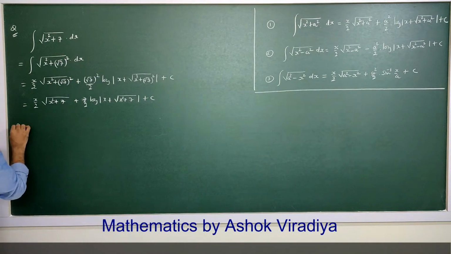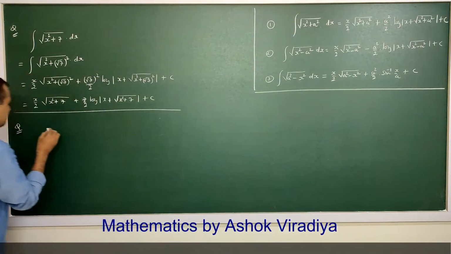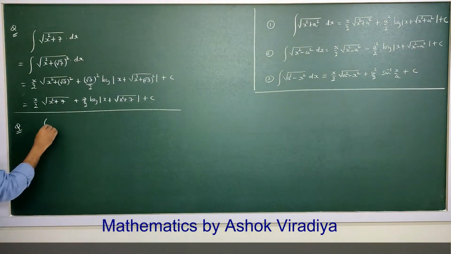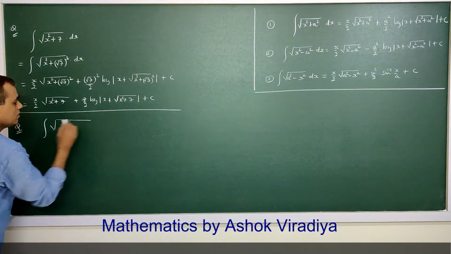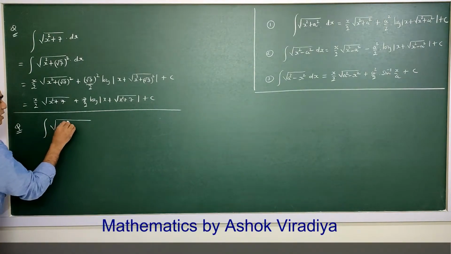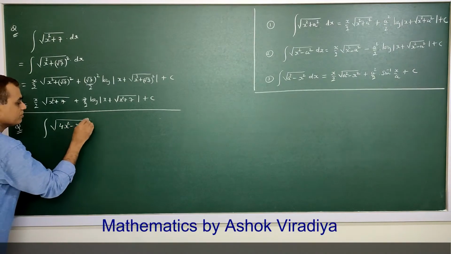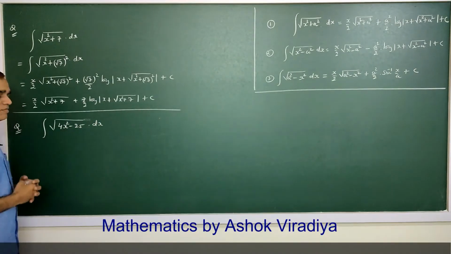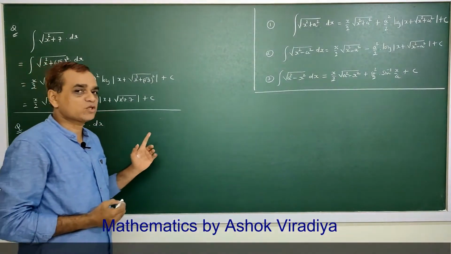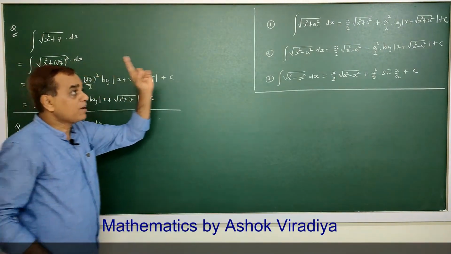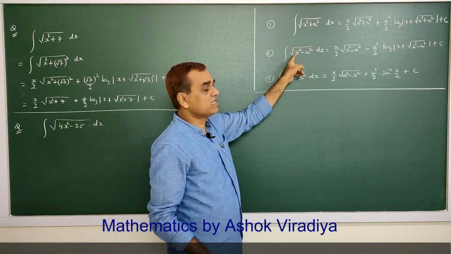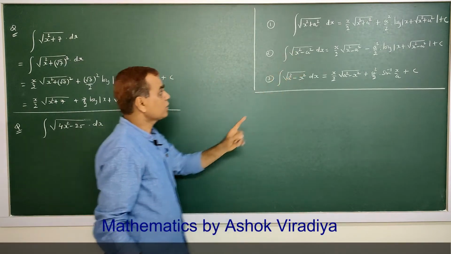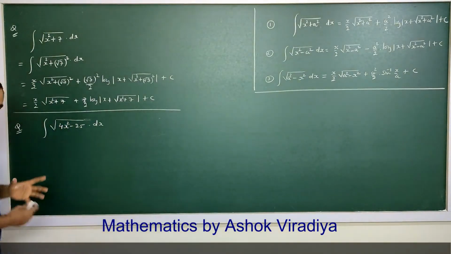Second question. Suppose we want to integrate square root of 4x square minus 25. Now to apply these formulas, the coefficient of x square must be 1, and here the coefficient of x square is not 1.